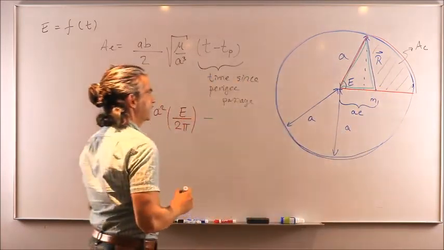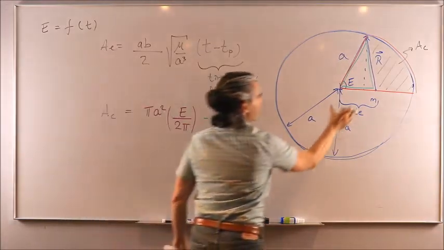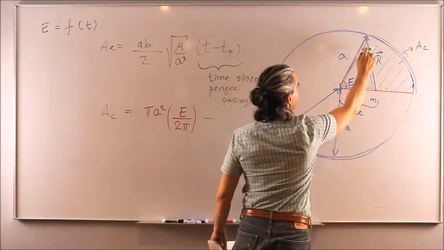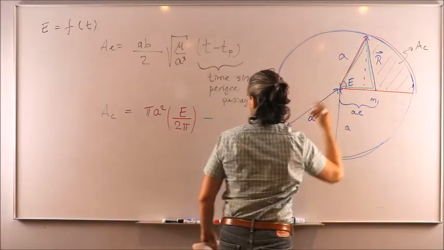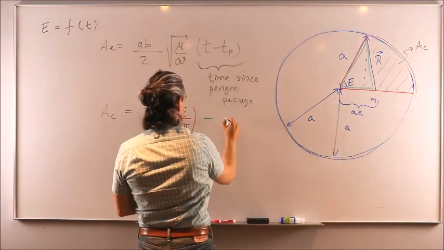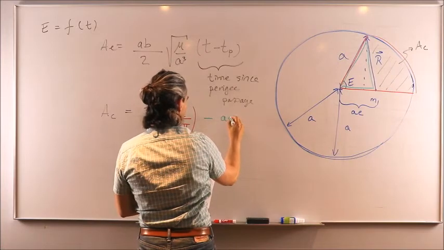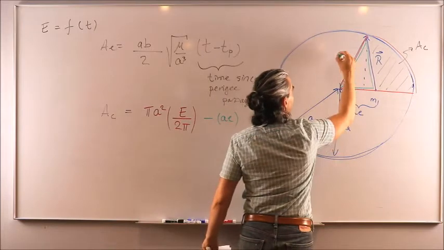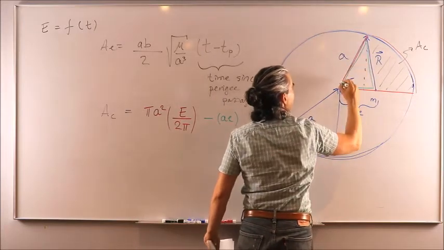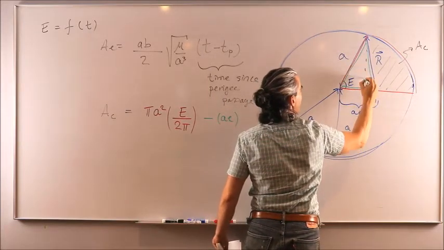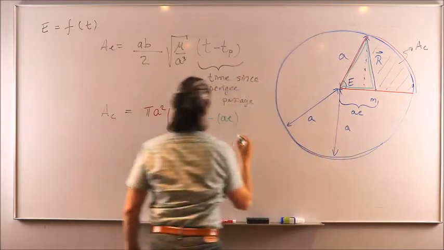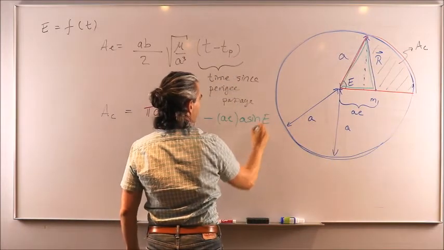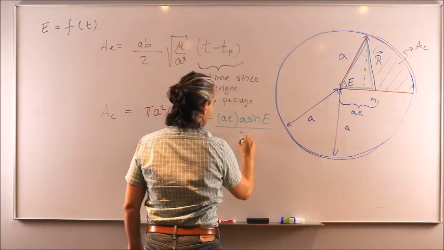It is equal to the base of the triangle, AE, times its height, divided by 2. The base is AE, and its height, A sine eccentric anomaly, gives us this side here. So A sine eccentric anomaly, divided by 2 because this is a triangle.